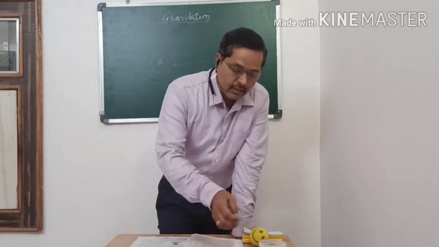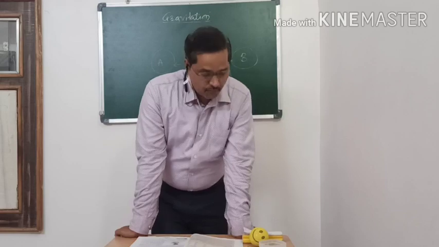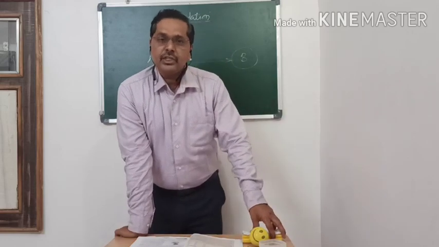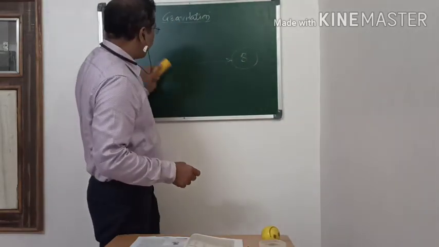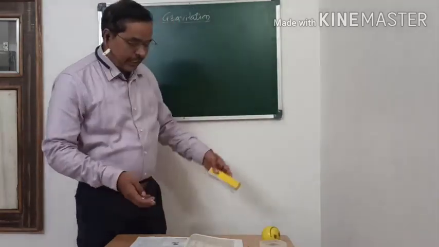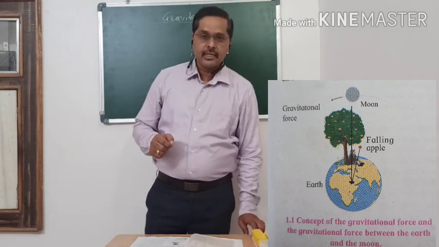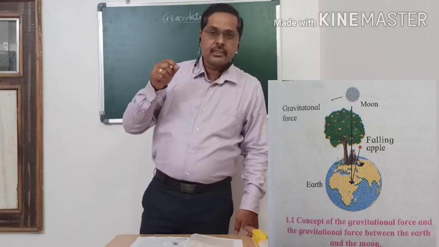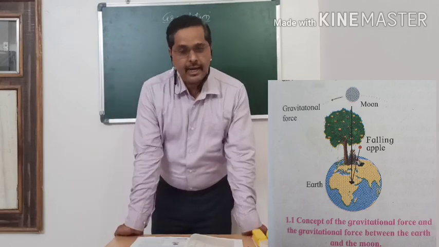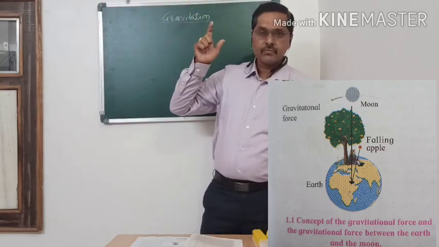So this year, first of all we see how this gravitational force was discovered. A very interesting story is behind that. You can see the photograph here. In this photo we can see that Sir Isaac Newton was sitting under an apple tree and suddenly an apple fell from the tree.